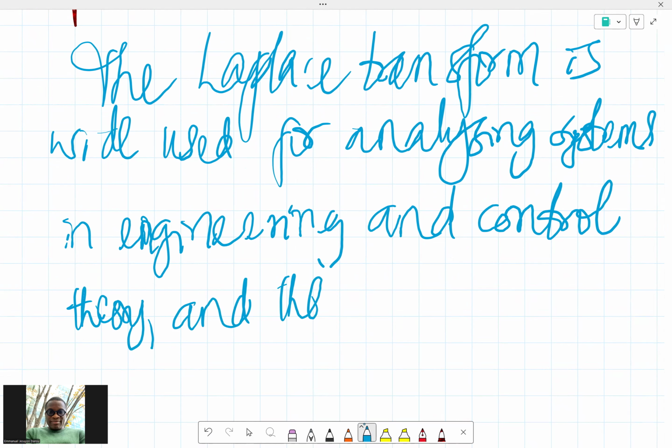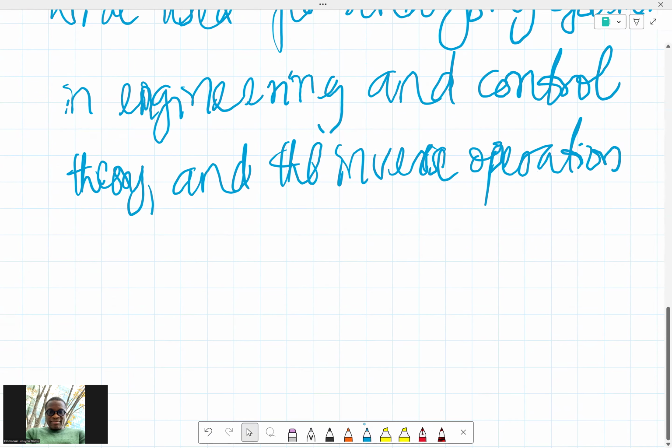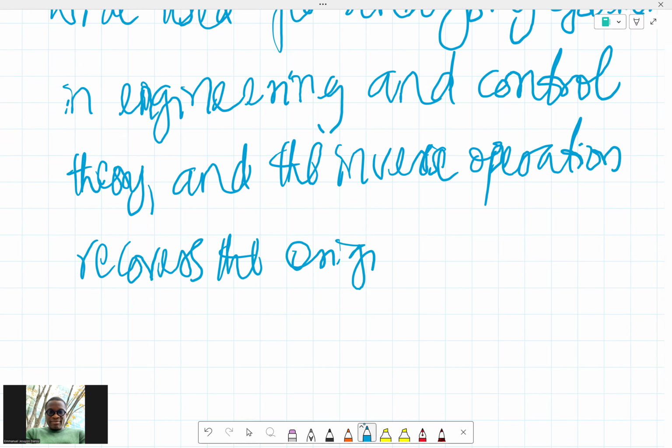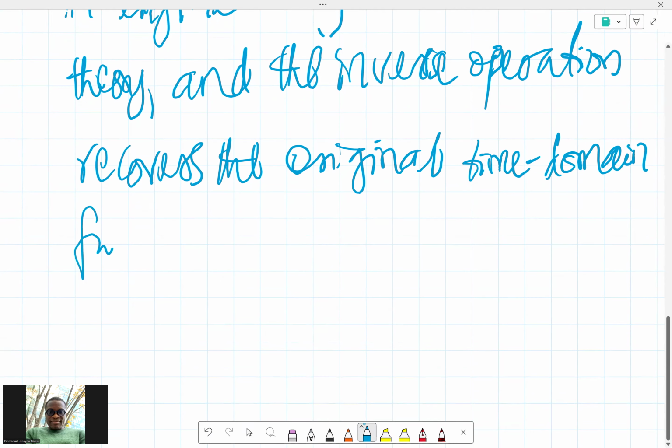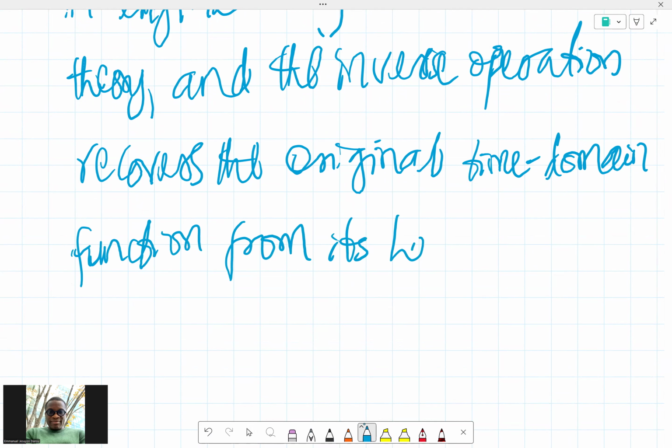And the inverse operation recovers the original time domain. So we are going back to where we came from, right? It recovers the original time domain function from its Laplace transform.